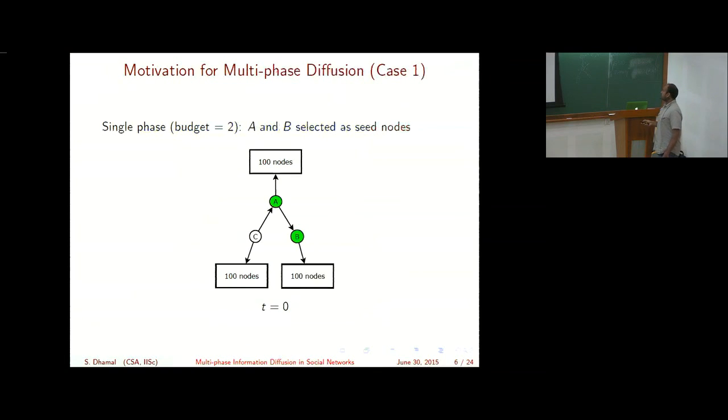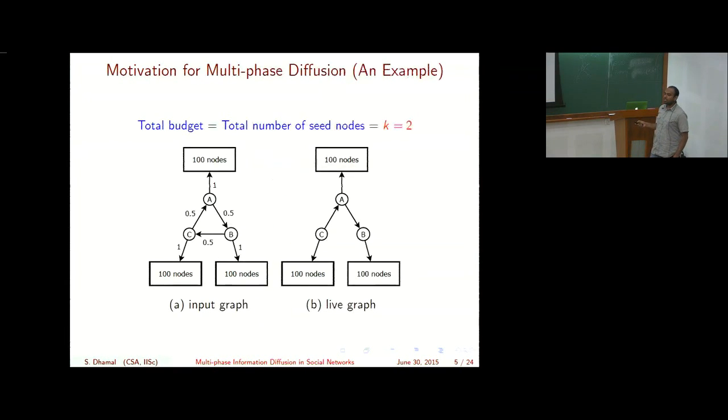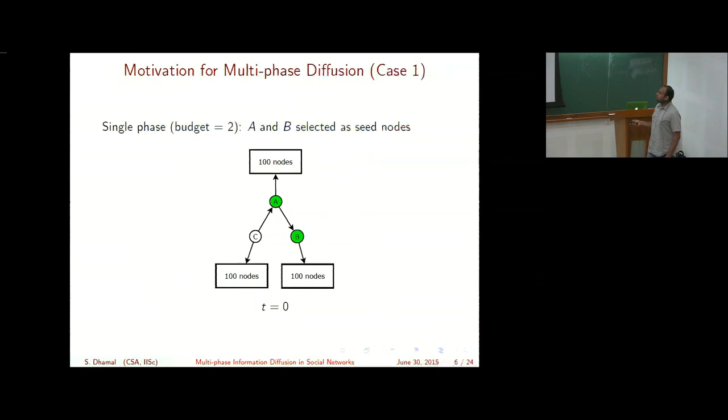Okay, so first we'll consider a single phase diffusion that is considered in literature, and the budget is 2. Suppose, looking at this particular graph, some algorithm that wants to maximize the influence selects A and B as the seed nodes. Green are recently activated, and blue are not recently activated, which were activated in the past, so they cannot get involved in passing on the information.